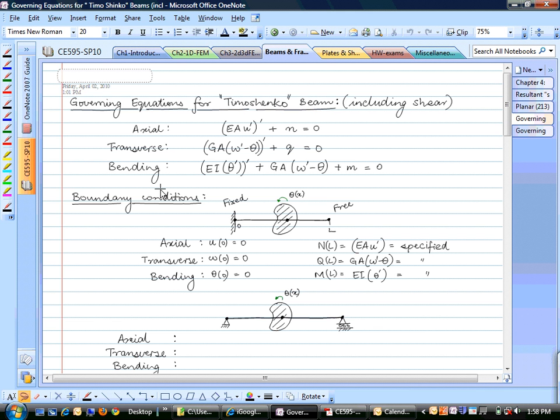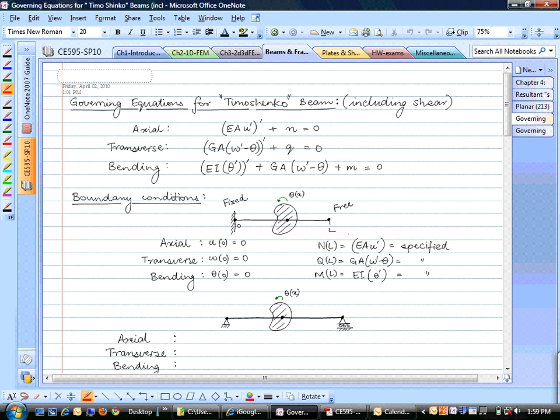All right. So for the Timoshenko beam, which includes shear deformations, what are the boundary conditions that we commonly see? If it is fixed on the left hand, axial deformation is 0, transverse deformation W is 0, and bending rotation theta is 0 at this fixed end. On the other hand, if it's a free end, then we need to specify what forces might be acting there.